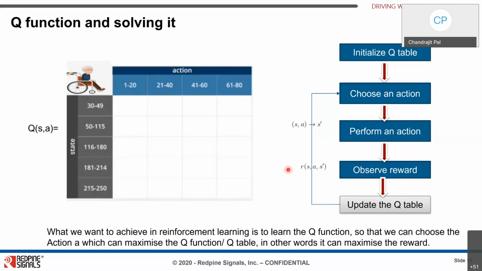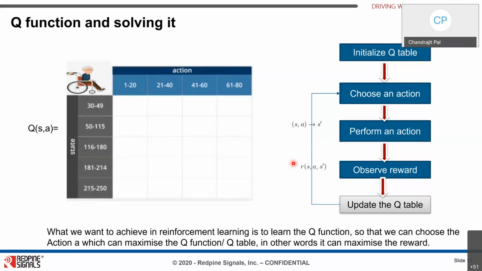Finally, we'll reach a particular point, which will be called a saturation point, where you can stop the learning process, when we see that even after training, the values got saturated and all the entries of the table are not getting updated. At that point, we can stop our learning algorithm and we can conclude that the reinforcement learning has been successful, and the training has converged and the values of the table are not getting updated anymore.